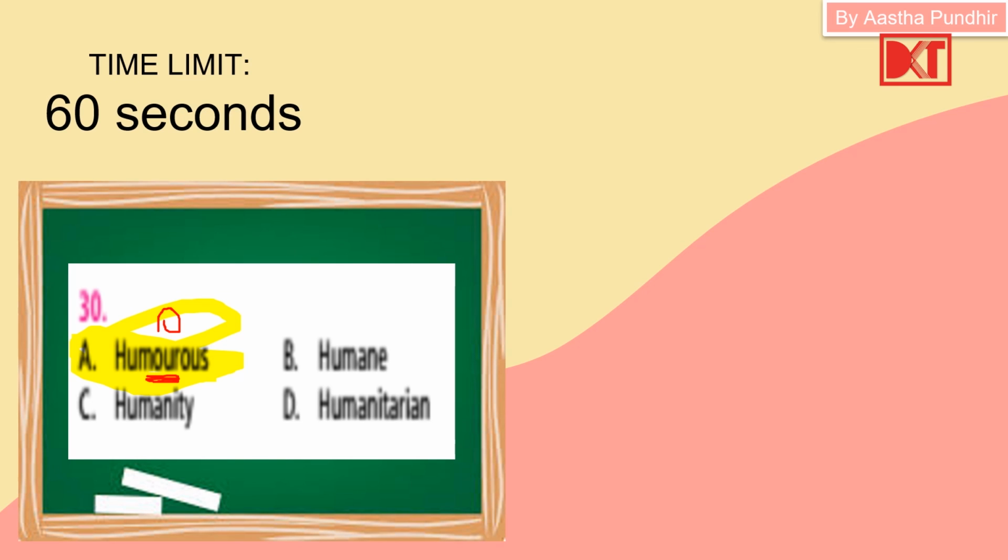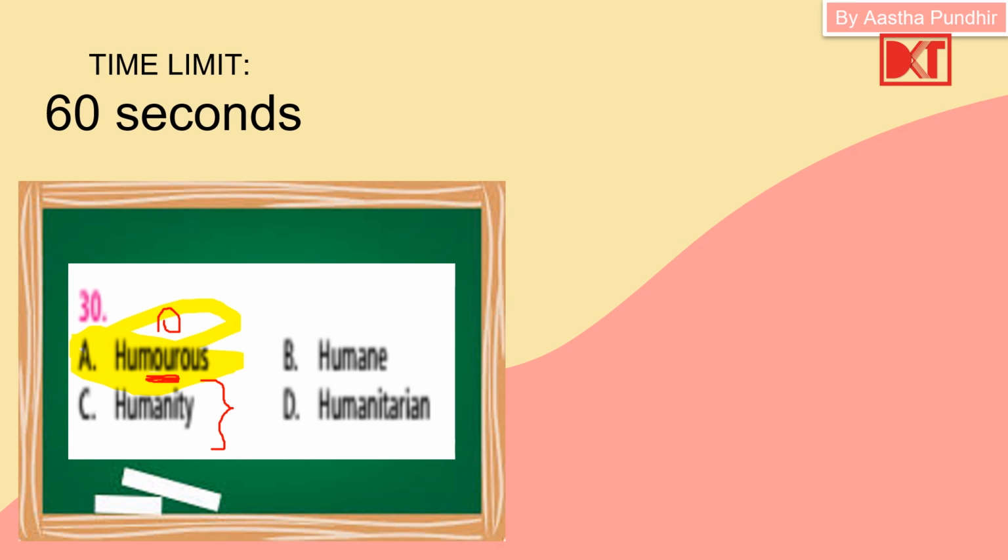Like here, humane. Humane is an adjective which can be used to refer to someone who shows compassion, who's really kind. Okay. And then we have humanity. Humanity is a noun, an abstract noun. It can be said to be the act of being humane. Then we have humanitarian.